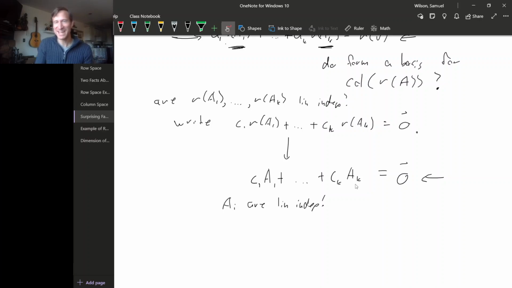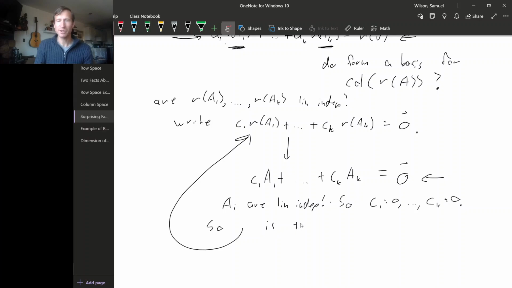A1 through AK is linearly independent. That's how we came up with them. So we have a linear dependence relationship among linearly independent vectors. That means it has to be the trivial one. So c1 has to be 0, c2 has to be 0, all the way down to ck has to be 0. And that means that our initial linear dependence relationship up there is the trivial one.